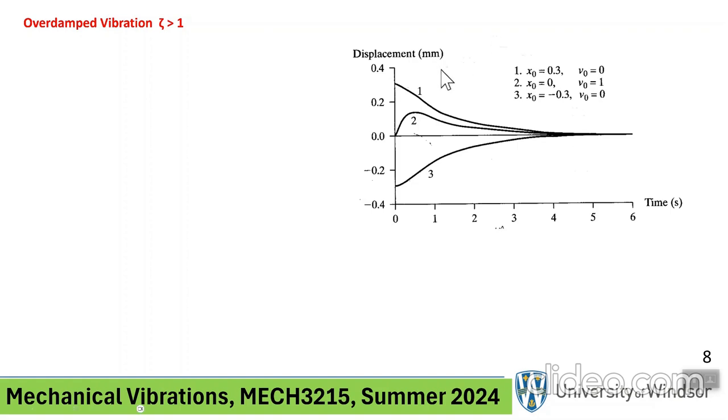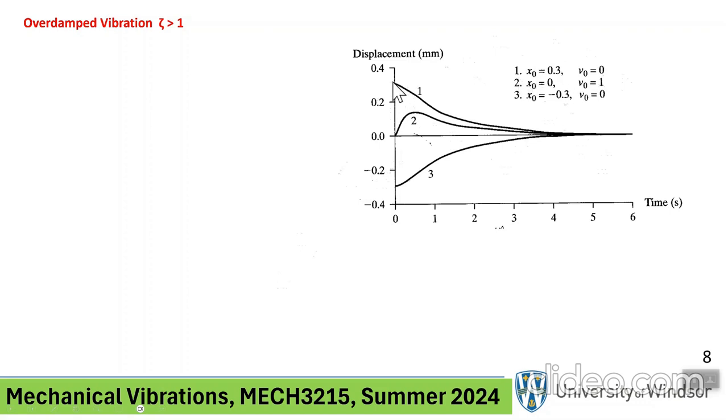Now, which one of these could it be? Well, that depends on the initial conditions. Remember, if you were able to solve that equation, you need initial conditions to be able to plot it. Depending on what the initial conditions are, here is displacement, here is the velocity. You may get, for example, in the first case, this.